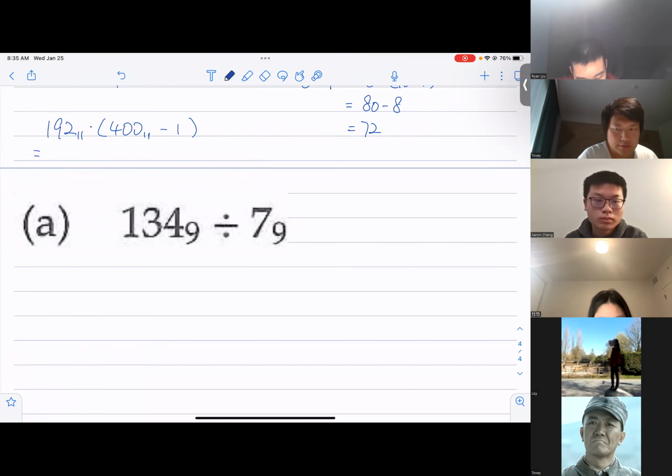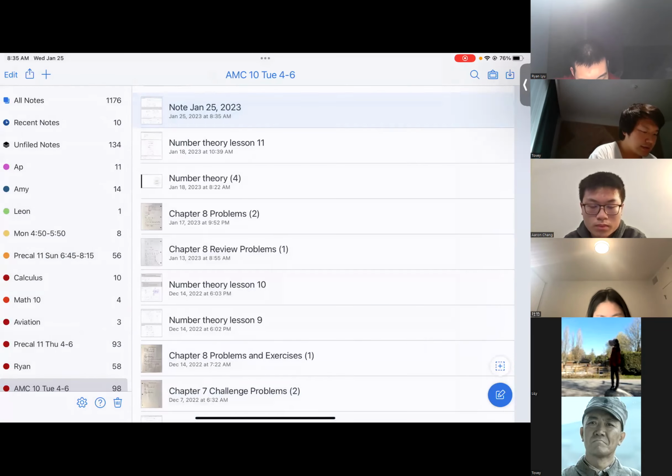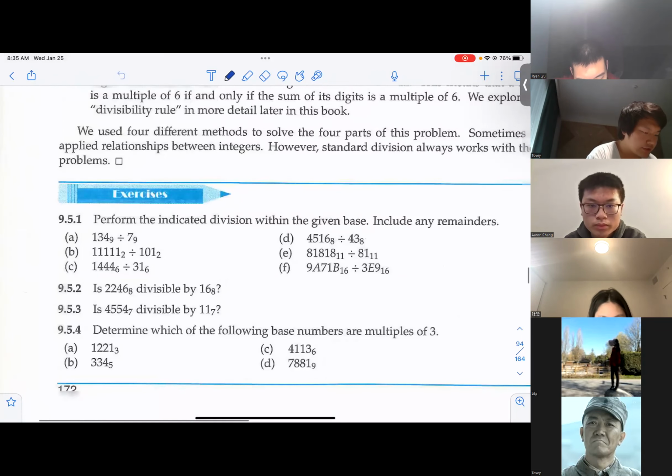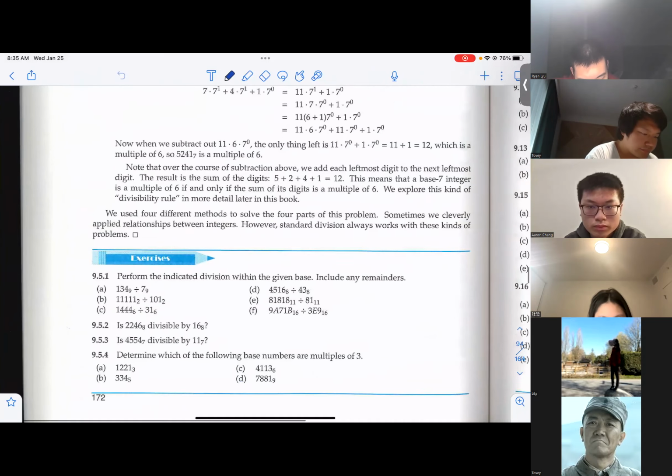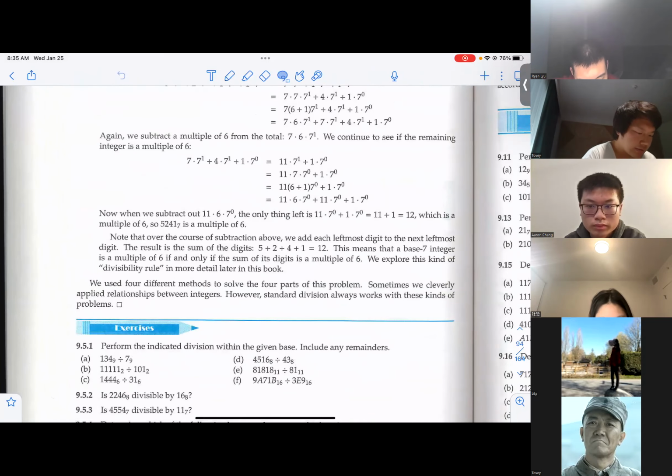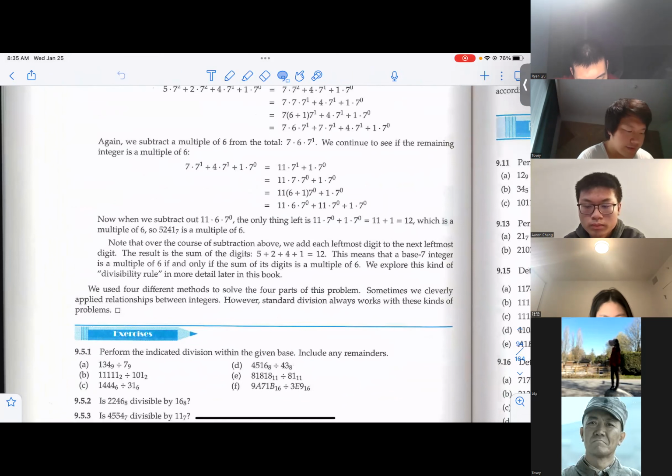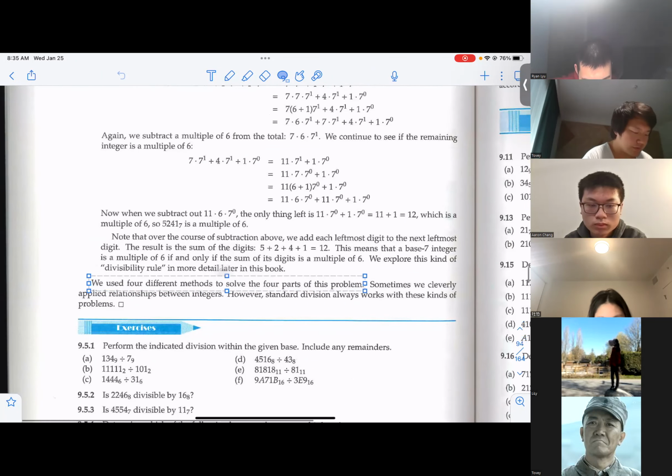So in the text, it actually has introduced many ways to do divisions. Okay, so I'm not sure if you guys have read it. Probably not. See, they have 4 different methods to do it.